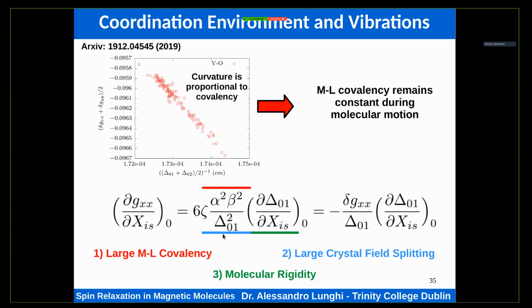So if we want to diminish this parameter, we should try to increase the covalency, because large covalency corresponds to small values of alpha and beta. We should try to increase the crystal field splitting. And as we also saw before, we need to decrease the value of these derivatives. And this is something we can in principle do by increasing the rigidity of the molecules.